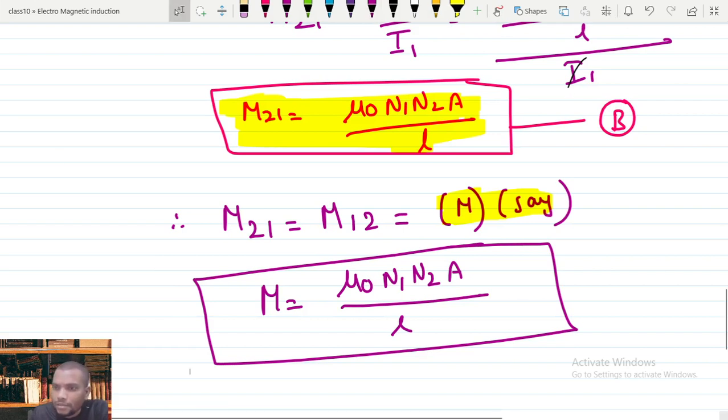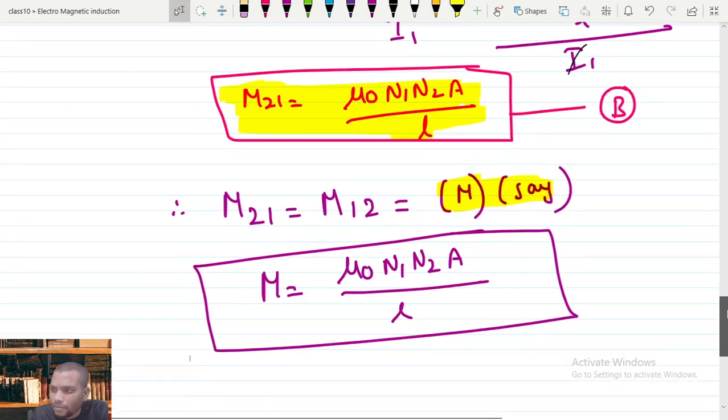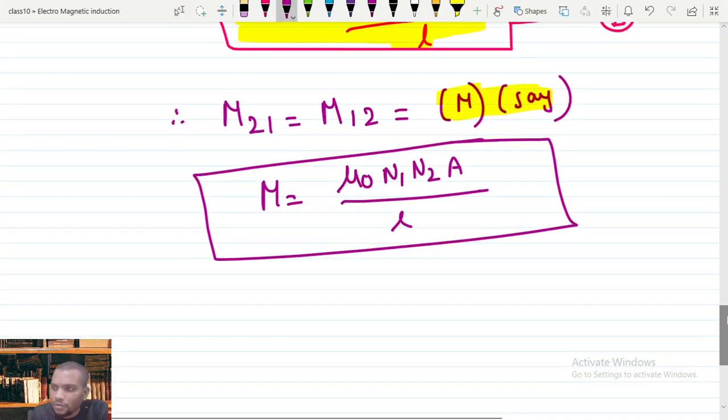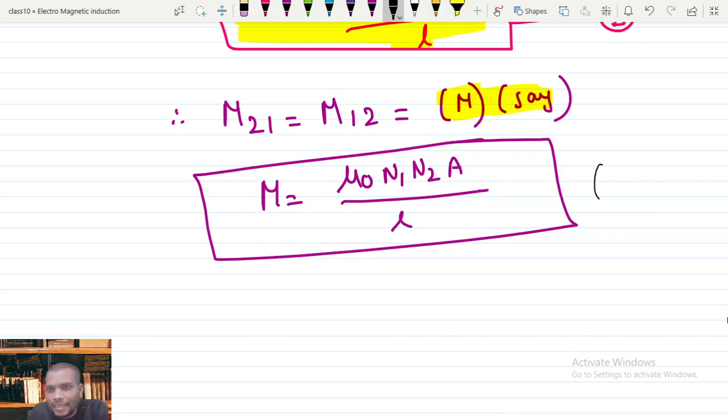Now let's do a little further simplification for better understanding. Instead of writing N1 N2 number of turns, we would like to write in terms of little n1, little n2. Here little n1 equal to the total number of turns per unit length, and little n2 equal to the total number of turns per unit length.